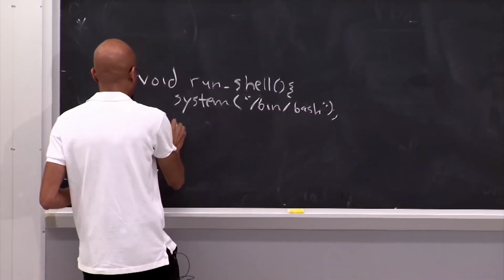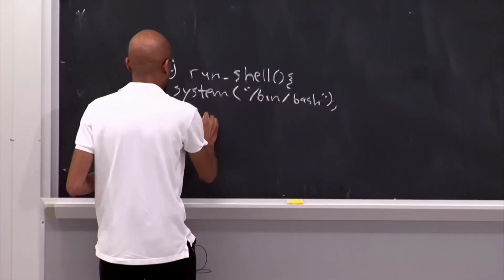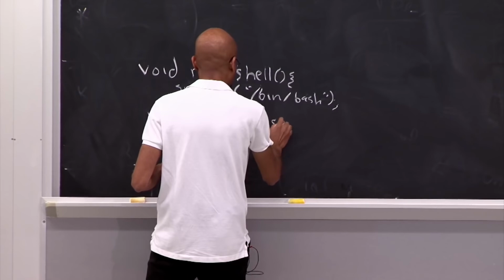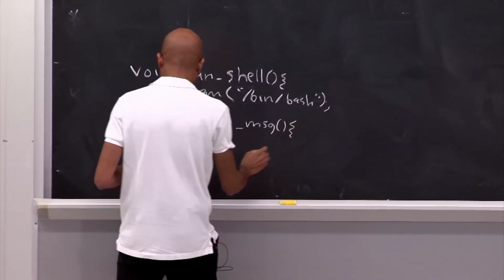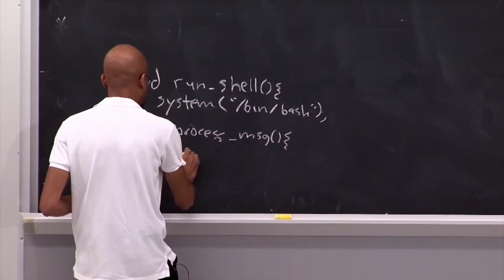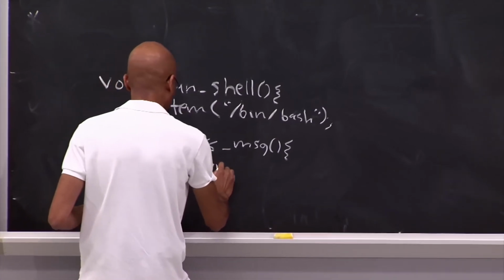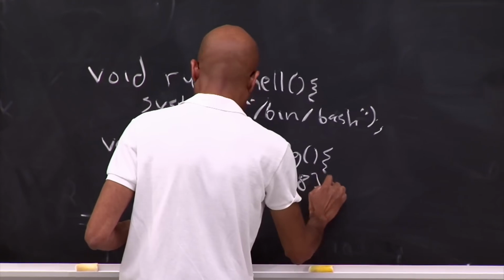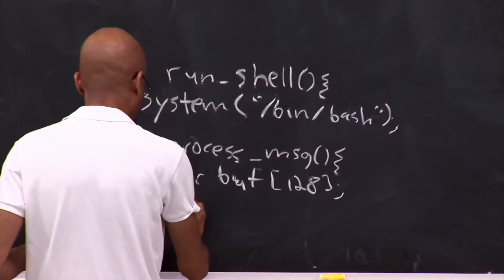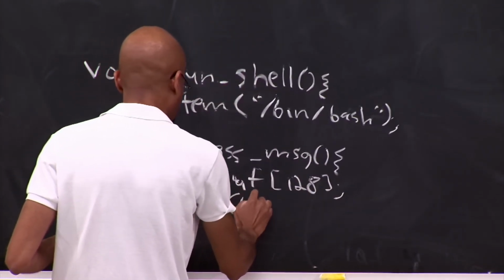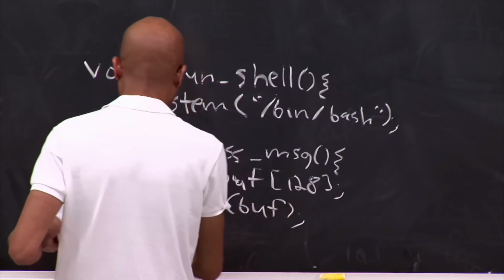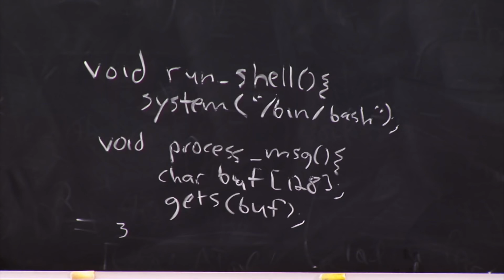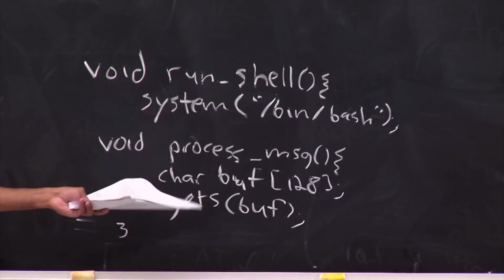Then we've got the canonical buffer overflow function down here. It declares a buffer, and then uses one of these unsafe functions to fill in bytes in the buffer. So we know that this can be overflown. This is old news.